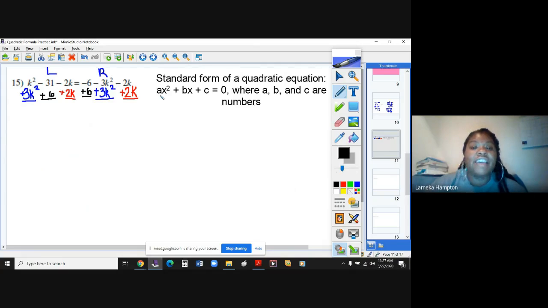So we have to get it in this form, because quadratic equations are all equal to 0. All I did was take the opposite. I have a negative 3k squared, so I added 3k squared to both sides. I have a negative 2k, so I added 2k to both sides. I have a negative 6, so I added 6 to both sides. Does everyone see what I did?